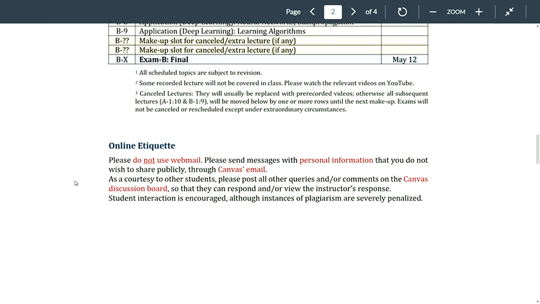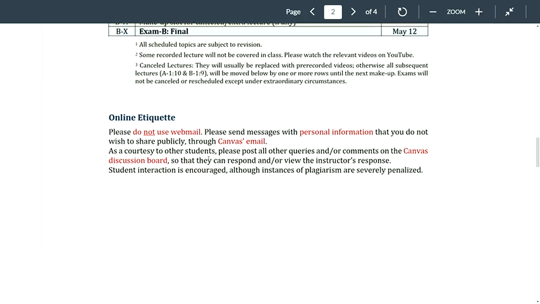That way everyone else would be able to see how I've responded, and others can also be given a chance to respond. If you need something personal, then you can send me a Canvas email, but not webmail.